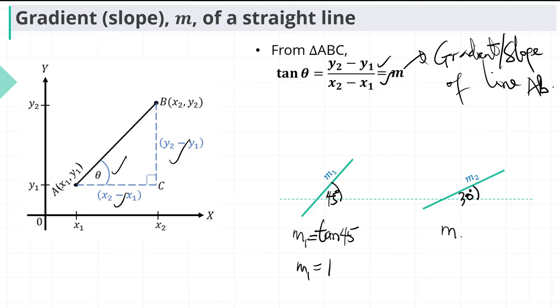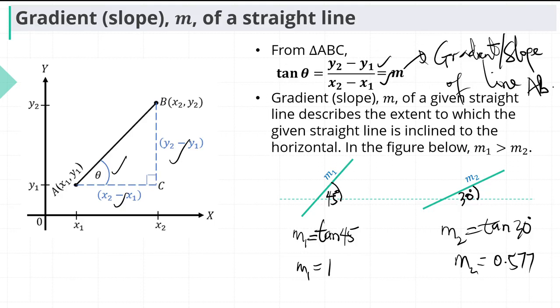Now find the gradient of the second line. Gradient M2 equals tan 30. So the gradient M2 is going to give us 0.577. Now, how does the gradient of the first line compare to that of the second line?